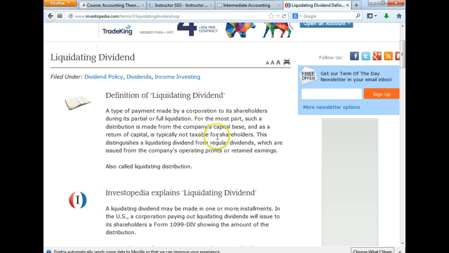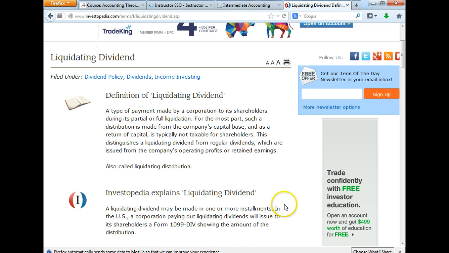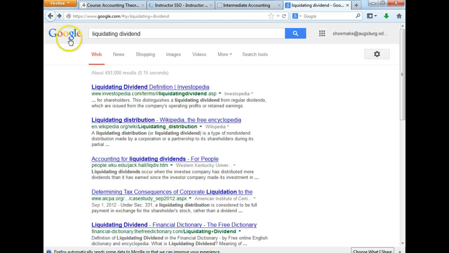For the most part, such a distribution is made from the company's capital base, and it's usually not taxable to shareholders because it's basically a reduction of the retained earnings. It's like giving them back a portion of their stock they've already contributed. This distinguishes a liquidating dividend from regular dividends, which are issued from the company's operating profits. So maybe one or more installments. A corporation paying out liquidating dividends will issue its shareholders a dividend showing the amount of the distribution. That doesn't really help us.